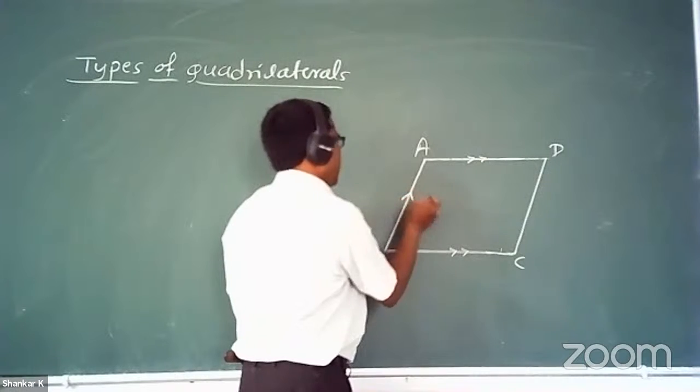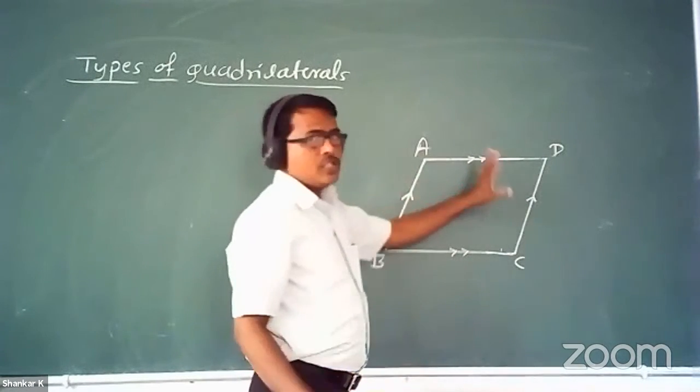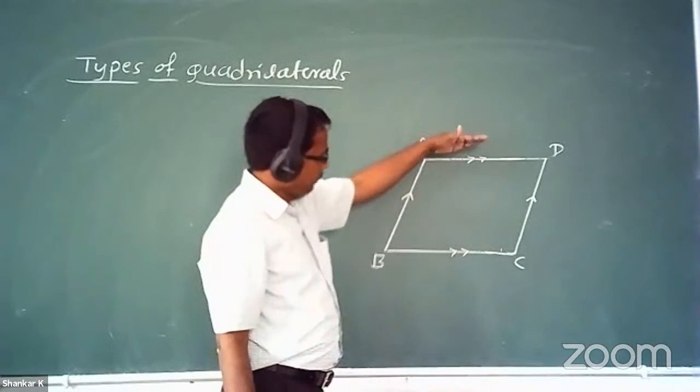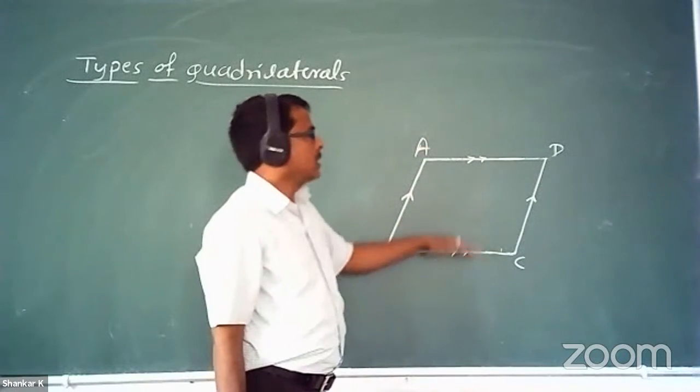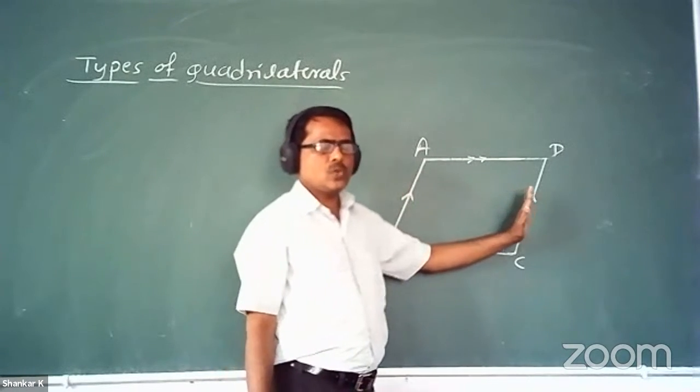Next, here also I'll mark the symbol: AB is parallel to CD. AD and BC are opposite sides, and these are parallel. AB and CD are opposite sides, and these are parallel.